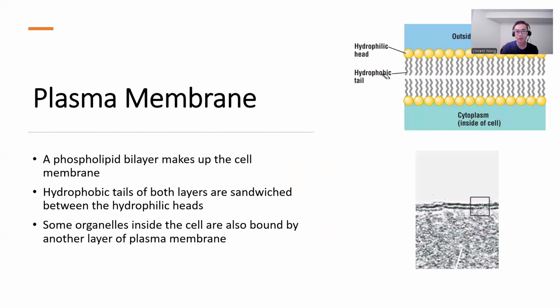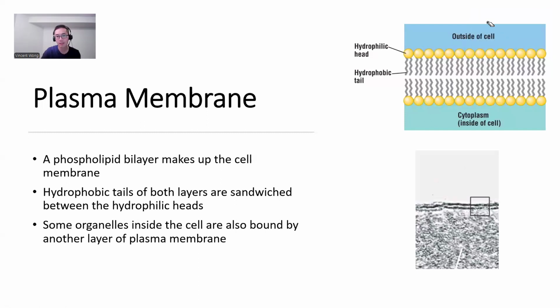Okay, so this is another view of the arrangement of the phospholipids by layer. You can see the outside of the cell and the inside of the cell, the cytoplasm here. They both are facing the hydrophilic portion of the membrane, and sandwiched between them are the hydrophobic tails. This is an actual picture of what the cell membrane looks like, from a high-power electron microscope.